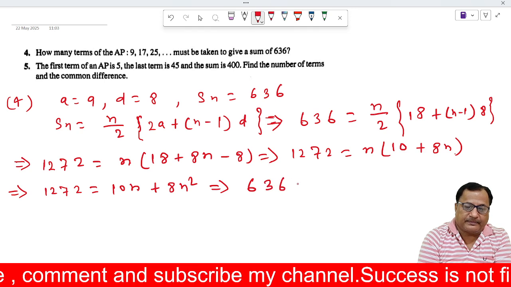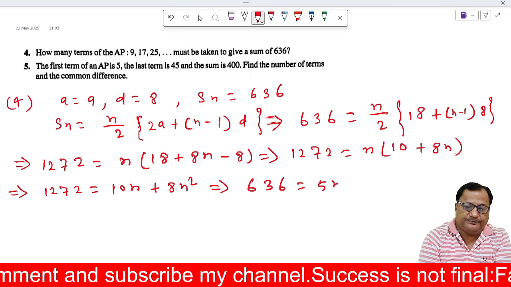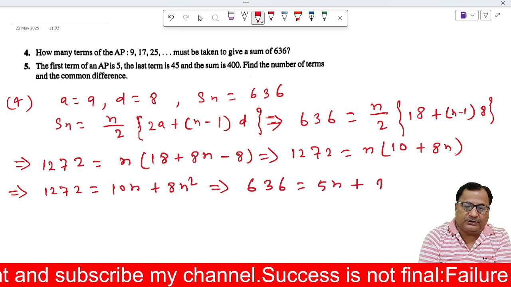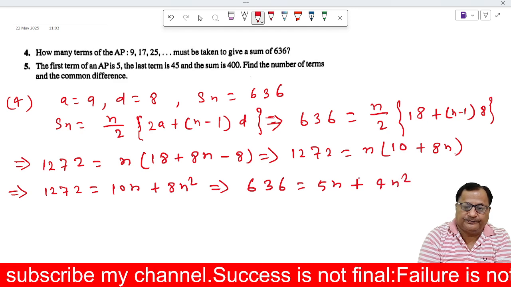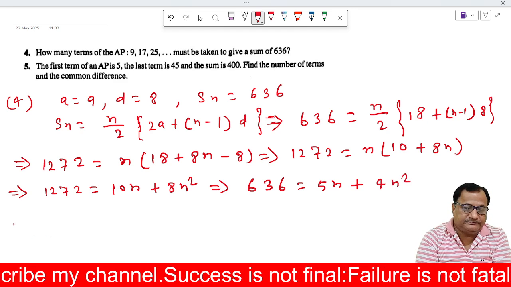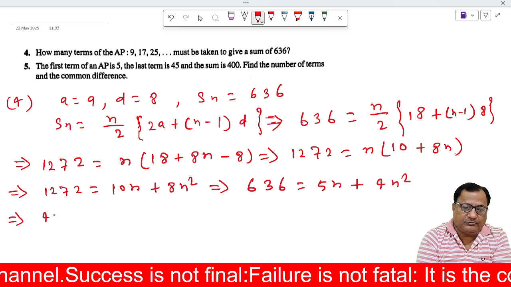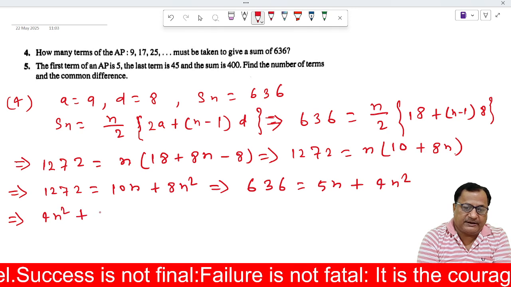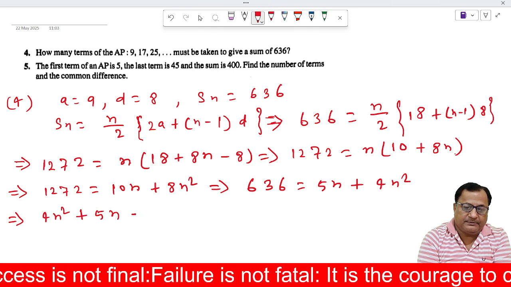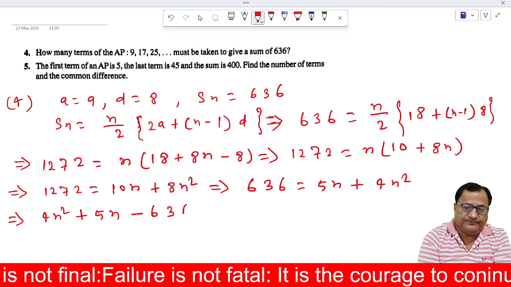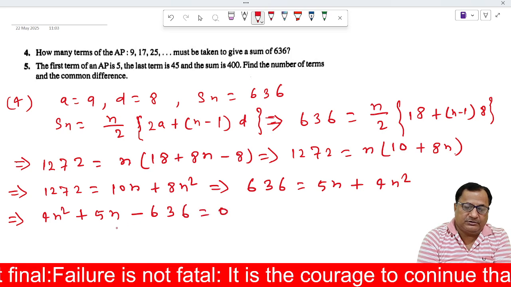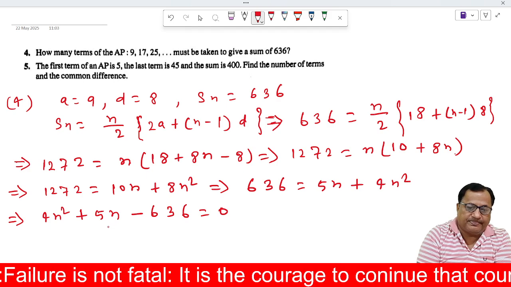636 is equal to 5n plus 4n square. And this is 4n square plus 5n minus 636 is equal to 0. Now we will split the middle term.